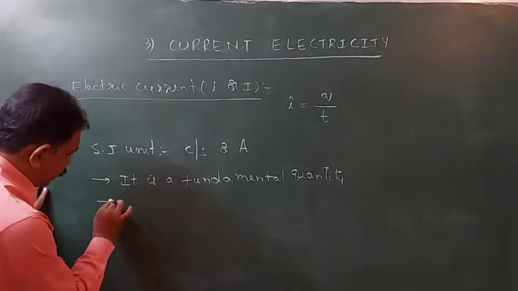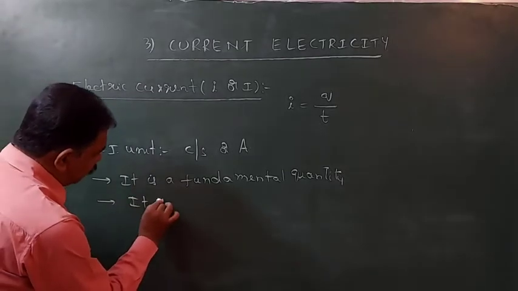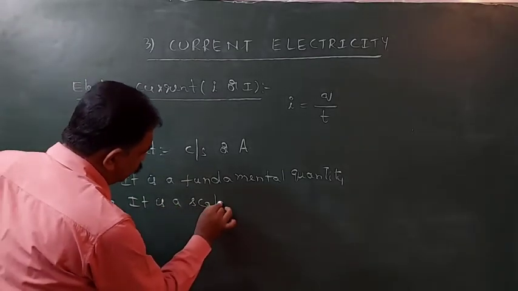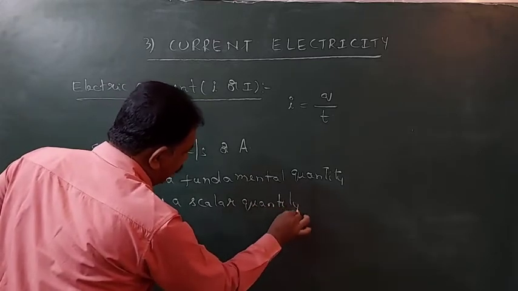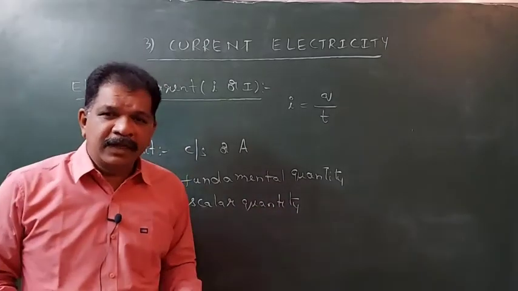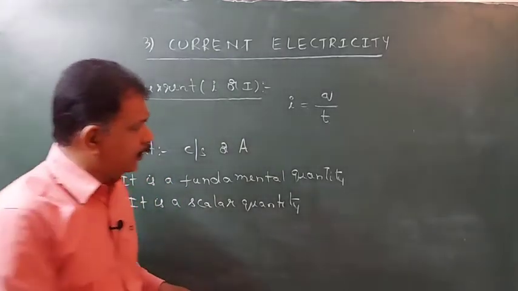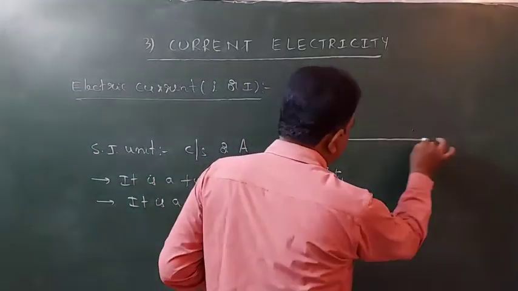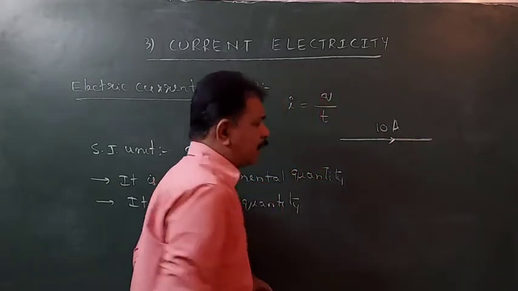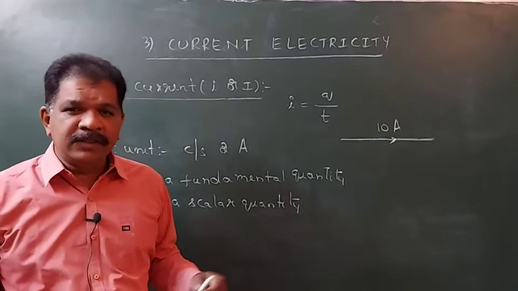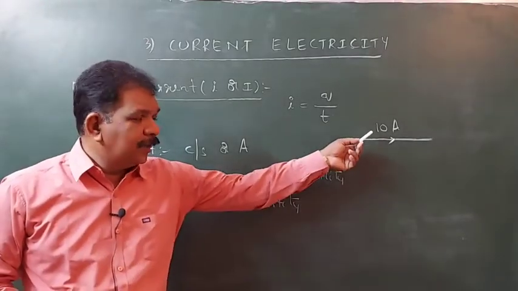It is a scalar quantity, though it is having both magnitude and direction. Electric current will have some magnitude. For example, this is a wire. In this wire, some 10 amperes current is flowing. So it is having magnitude of 10 amperes.